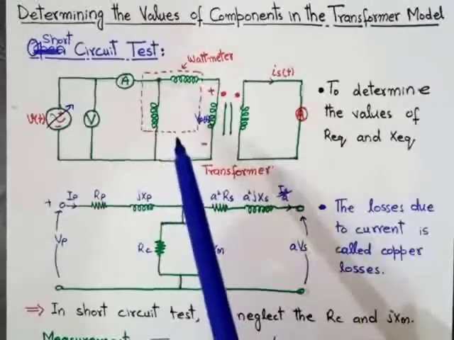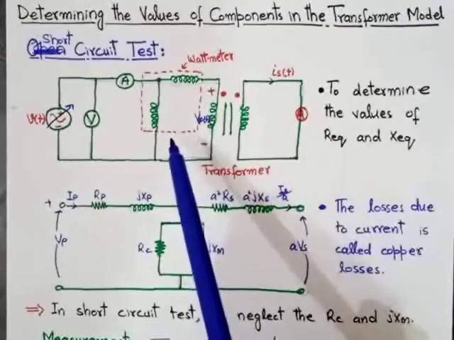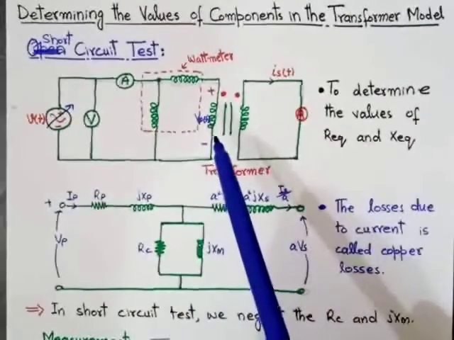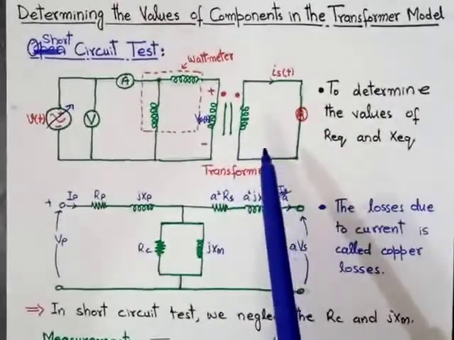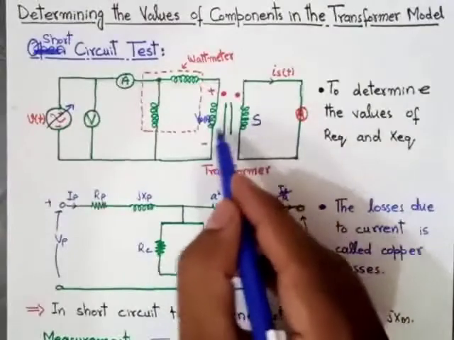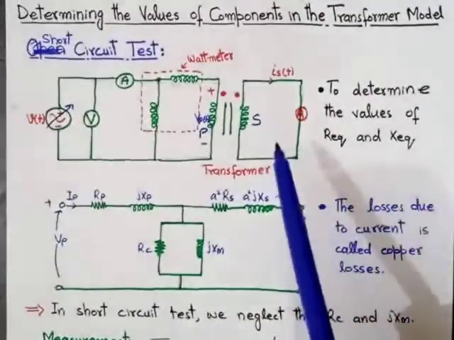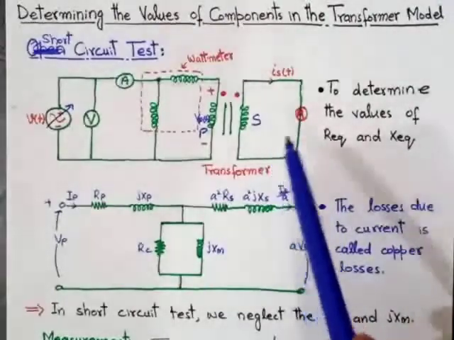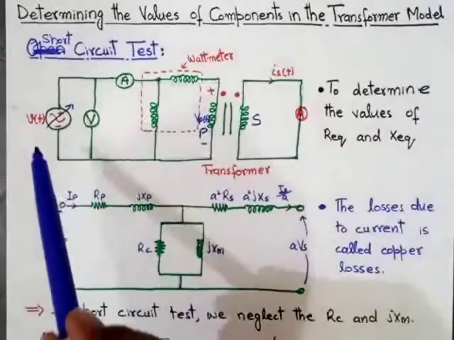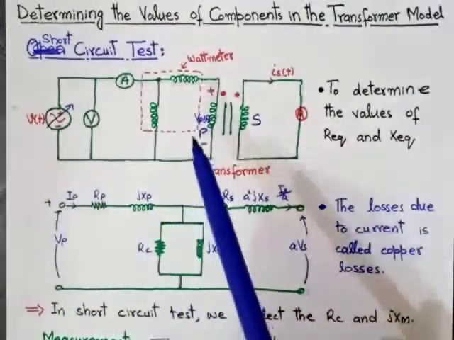So the diagram of connection for the transformer short circuit test is shown here. As you can see in this diagram, this is the secondary side of the transformer and this is the primary side of the transformer. The secondary side in case of short circuit is shorted and we will apply the variable voltage across the primary side of the transformer.